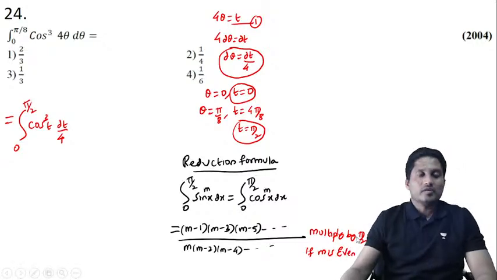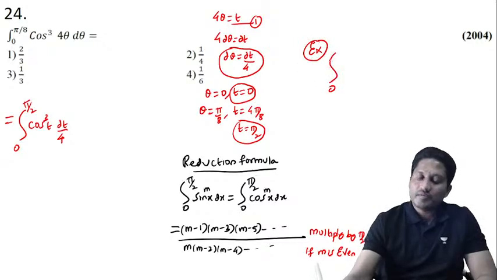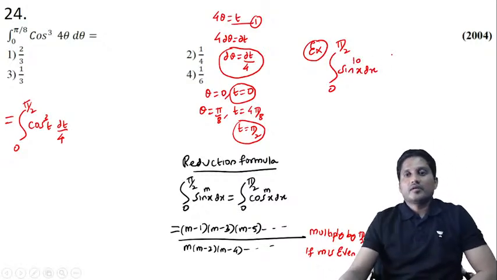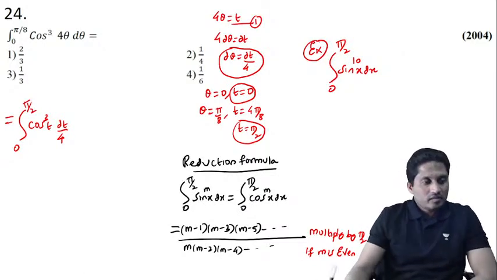Otherwise no. I'll give you an example. Let's say the limit is 0 to pi by 2, and you have sine power, let's say 10x or 8x, whatever it may be. It takes a lot of time to integrate sine power 10x dx.